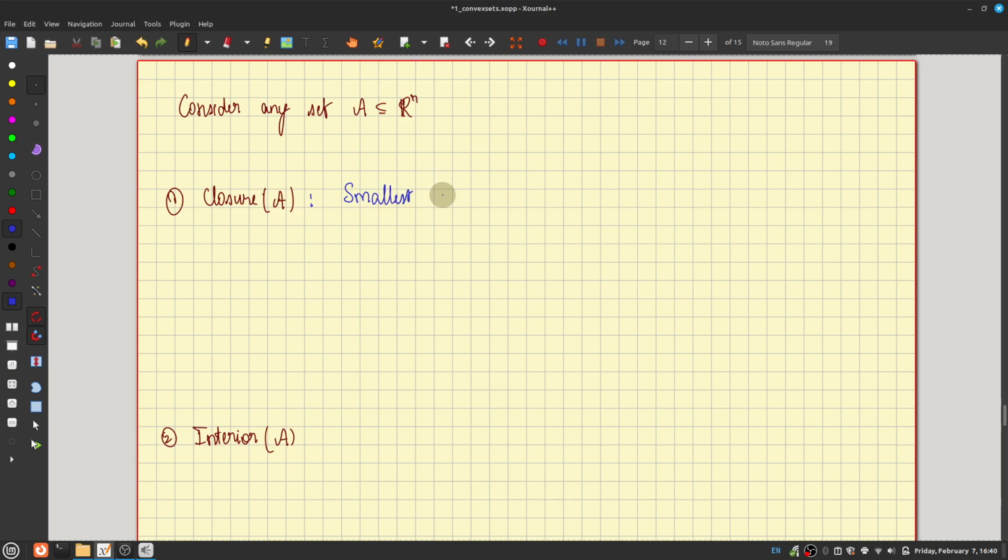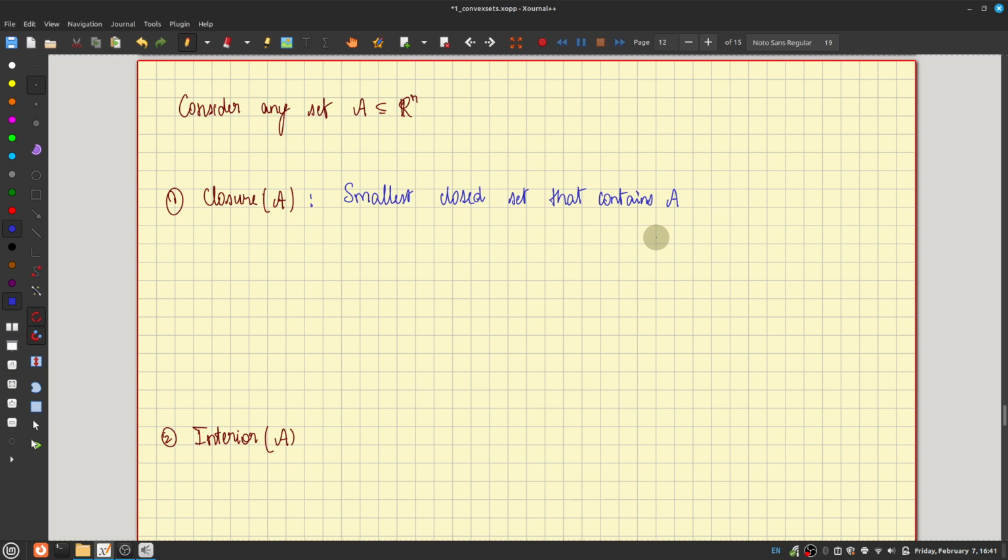So this is the smallest closed set that contains A. Well, again, it's a definition, but it doesn't give us anything useful, right?